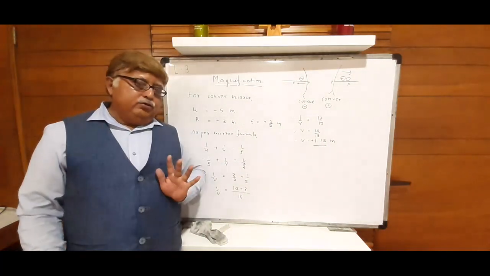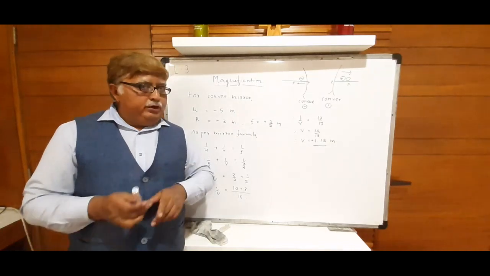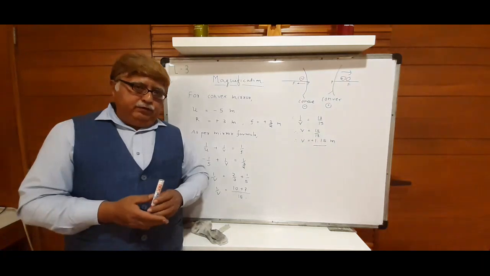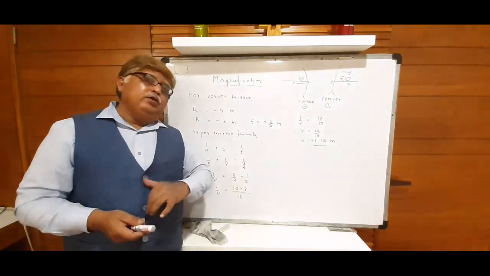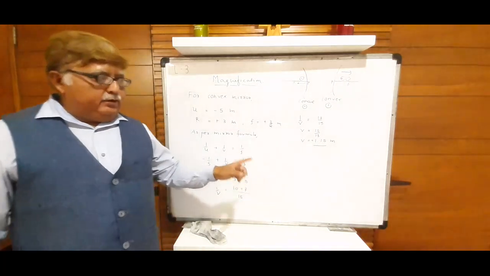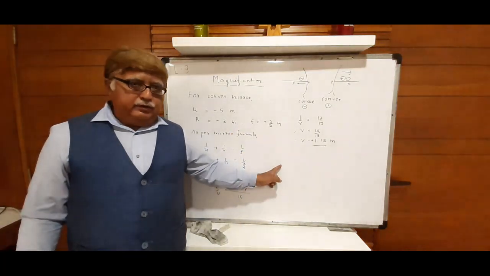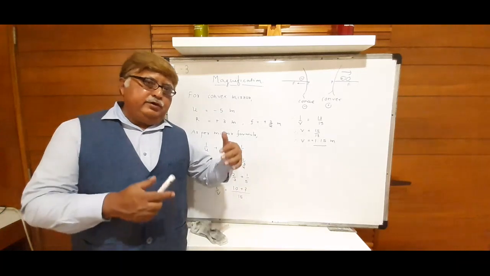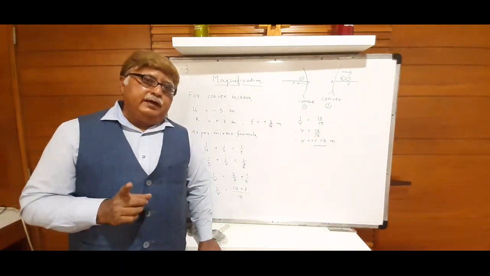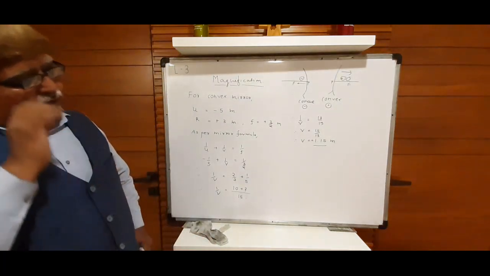If v is negative, what can you write? The opposite. Image is real, inverted, and 1.15 meter in front of the mirror. Plus means virtual, erect. Note it down. Image is 1.15 meter behind the mirror and it is virtual and erect. So the first answer we got.